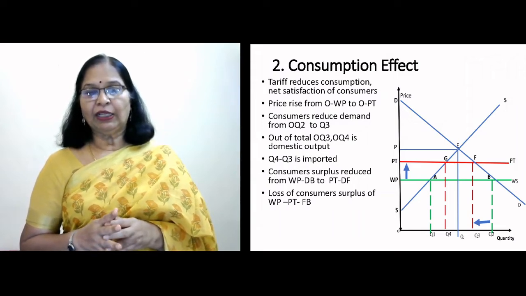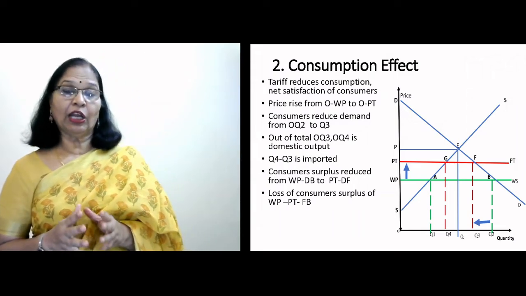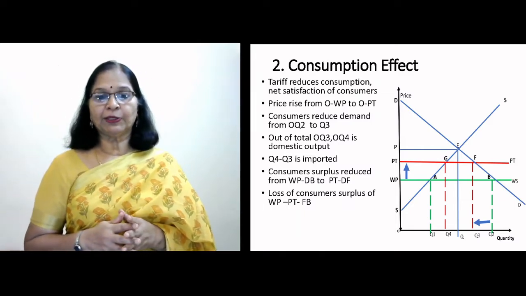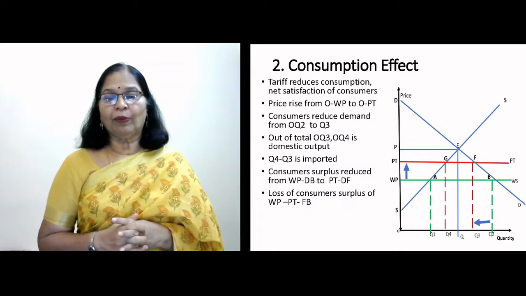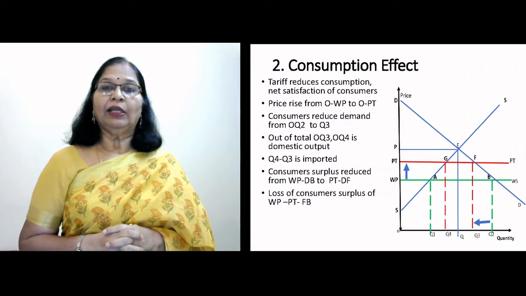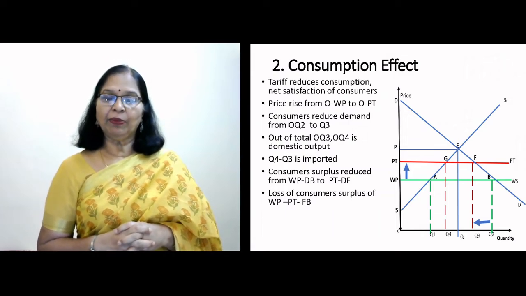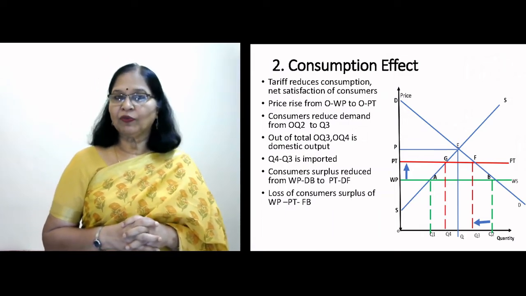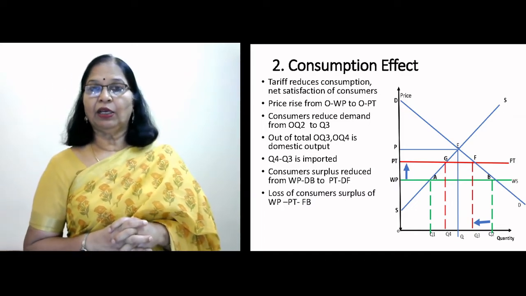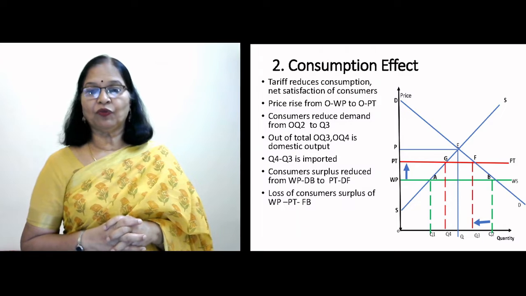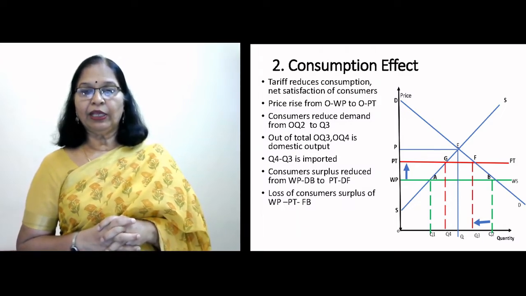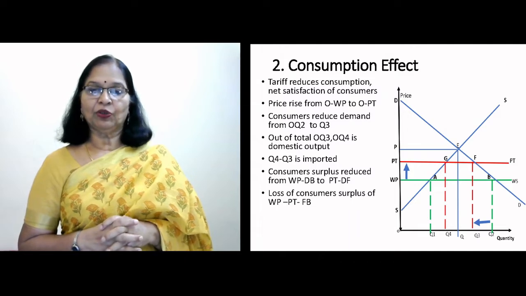we find that the consumer also undergoes a loss of consumer surplus. On the green line the consumer surplus was DBWP, and because of the imposition of the tariff, the consumer surplus has now reduced from DBWP to DFPT. So the red line.